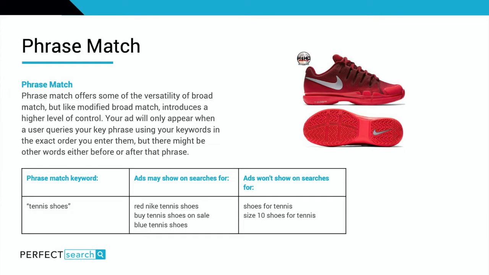So you'll notice that tennis shoes there is in quotations. And so we're eligible to show for things like red Nike tennis shoes, buy tennis shoes online or on sale, and blue tennis shoes. And you'll notice that order matters here. So tennis shoes has to show in that order in order for our ad to show. And that's shown in the furthest right column where we have shoes for tennis. We would not show for that because tennis shoes is not in that order.